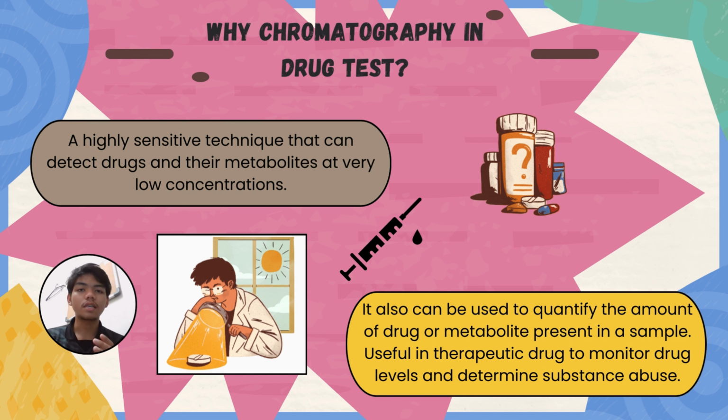It can also quantify the amount of drugs and metabolites present in a sample from a person's blood and urine. This is useful in therapeutic drug monitoring to monitor drug levels and determine the extent of substance abuse. Now we're going to look at the next slide.